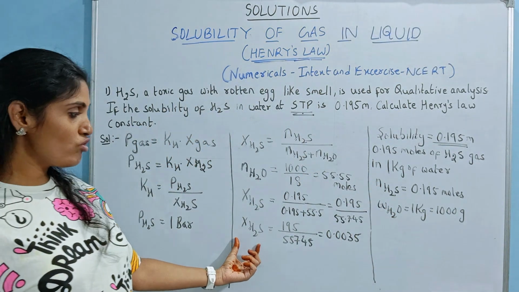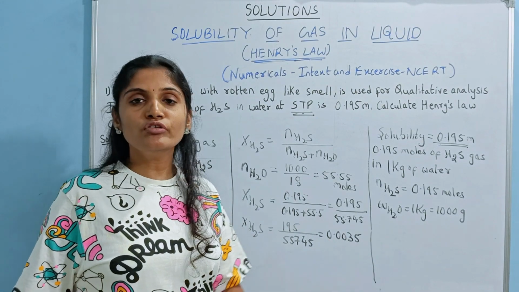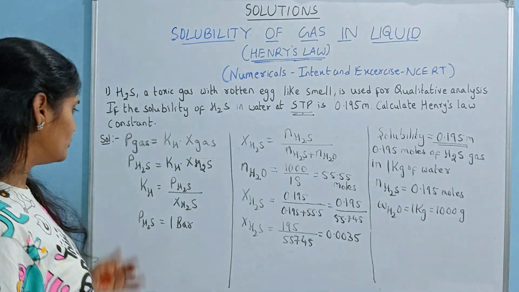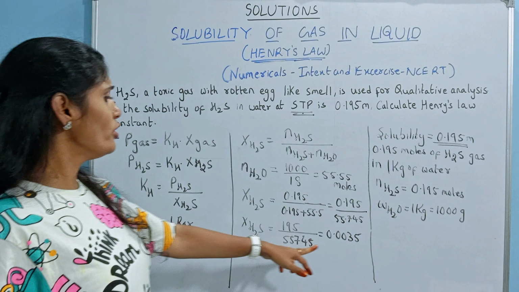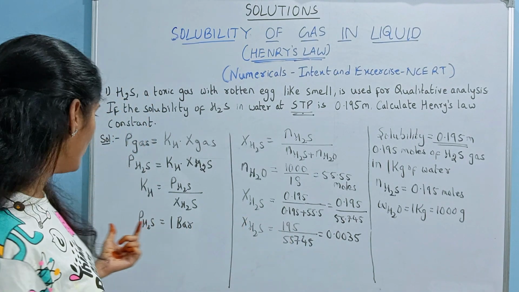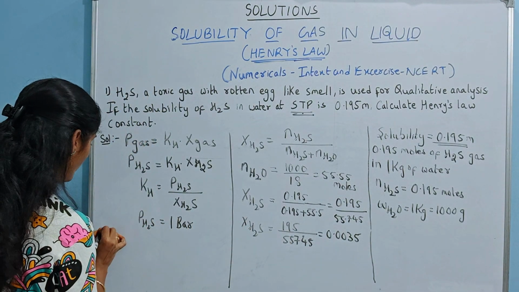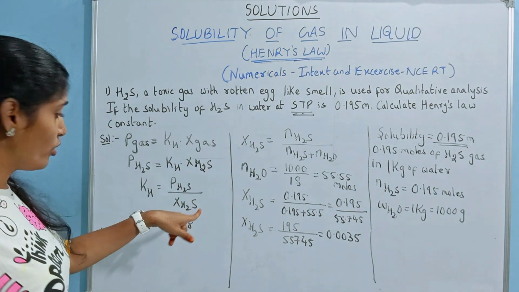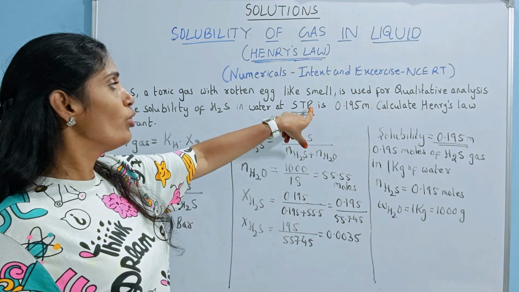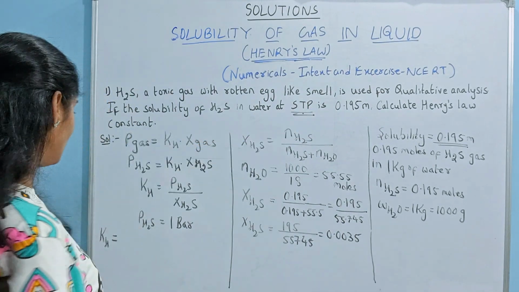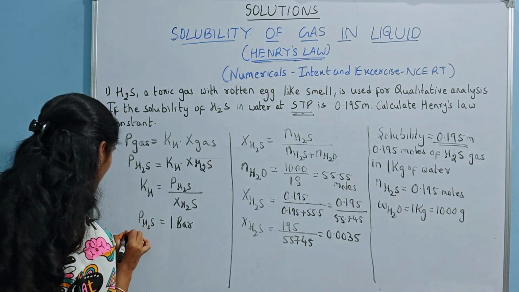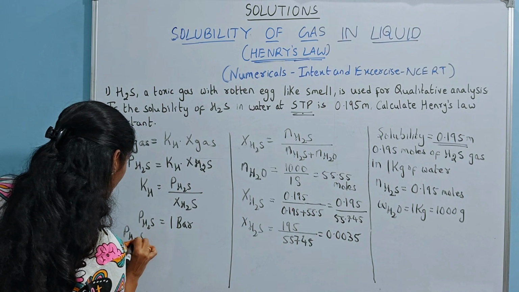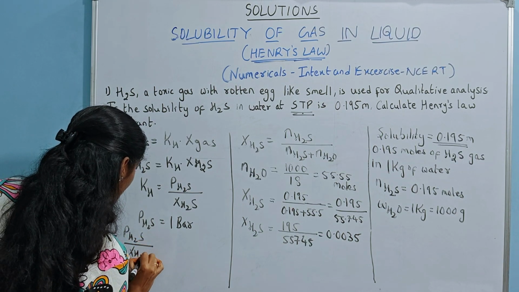So the mole fraction of H2S we get in the question is 0.0035. Now I can go back and find my KH value. What is the KH formula? We know the pressure of H2S because the condition given is STP. So KH is the pressure of H2S divided by the mole fraction of H2S.